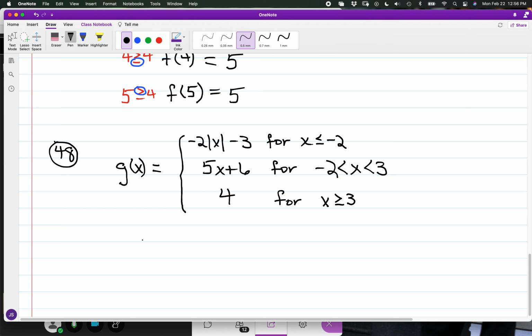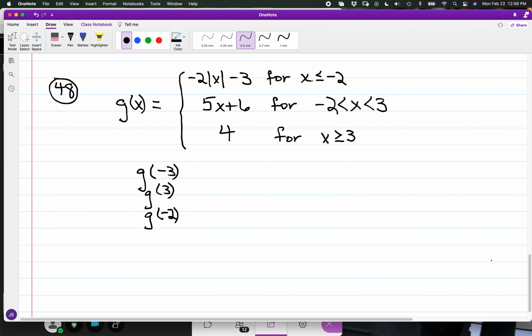And we have the various inputs: g of -3, g of 3, g of -2, followed by g of 0, and also followed by g of 4.